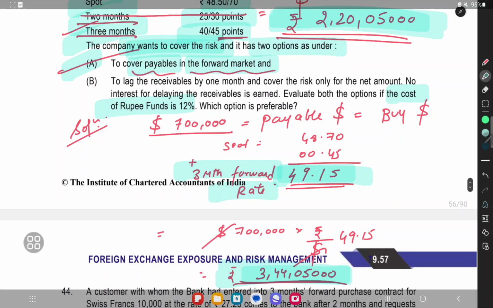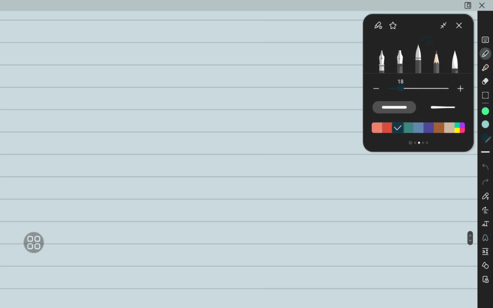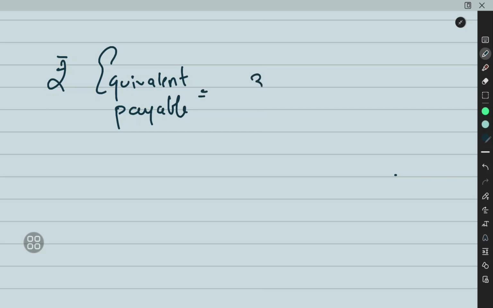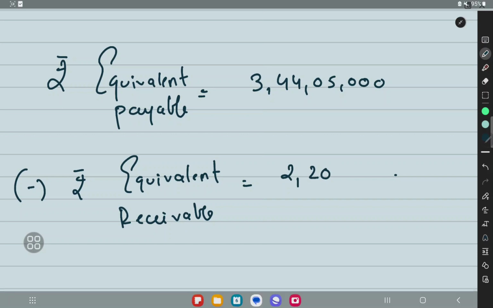There is no place here to actually do the solution. One second. Rupee equivalent payable is equal to 3 crore 44 lakh 5,000, less rupee equivalent receivable is equal to 2 crore 20 lakh 5,000.